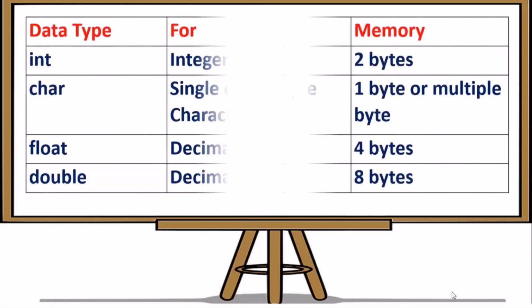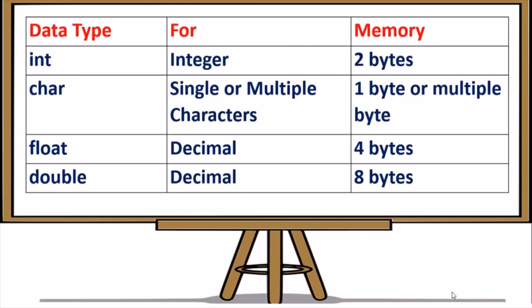Now, when we talk about the data types, there are four basic data types present in C++ as well, like in C programming. What are the data types? Int, char, float, and double. For integer, for single or multiple characters, for decimals, and for more decimal points, right?